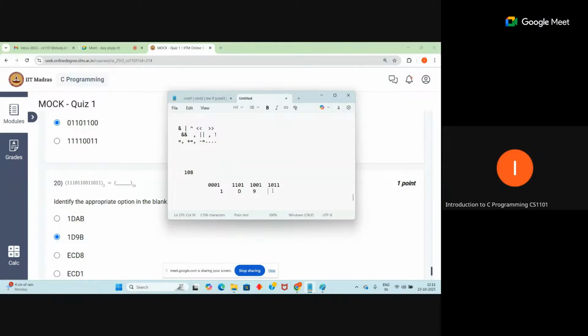And this is 8 plus 2 plus 1, which is 11, and 11 means B. So we have 1D9B. That is the hexadecimal equivalent of this binary number.